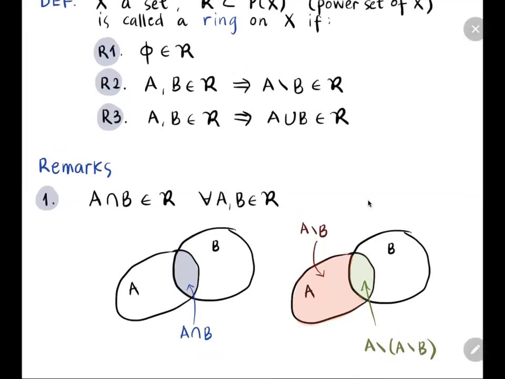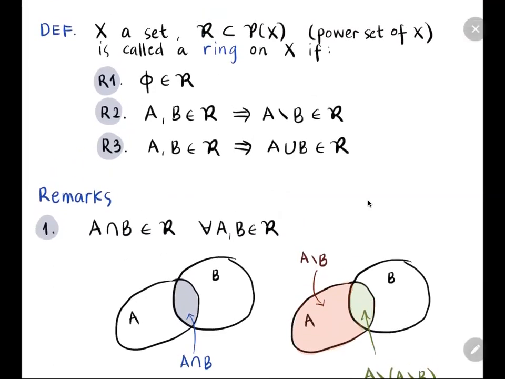So therefore, the intersection of two elements in a ring is also in the ring. So in this way, we can also say that a ring is closed under intersections, finite intersections to be precise.